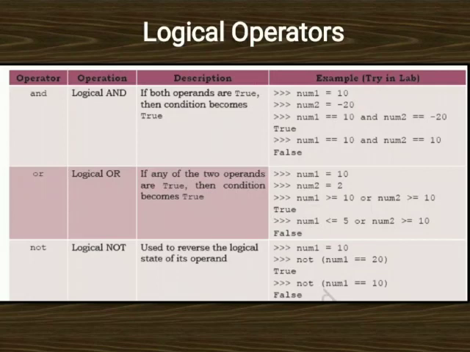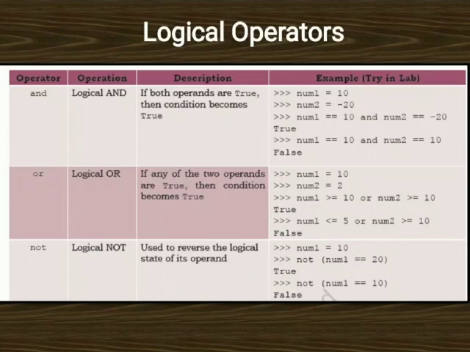Or is the logical operator. Num2 is greater than or equal to 10. What is num2? Num2 is 2. Is it greater than or equal to 10? No, it is not. But the result is true, because if any one condition is true, then the result comes out to be true.